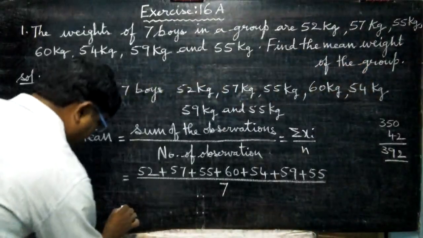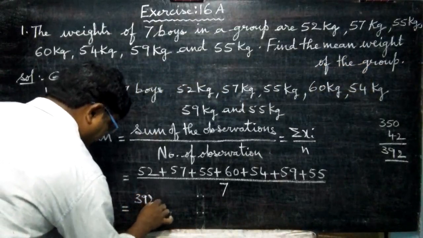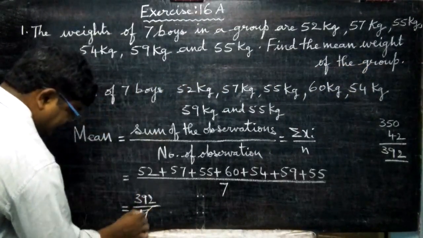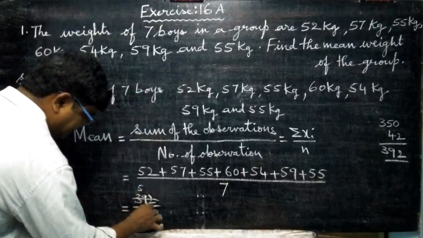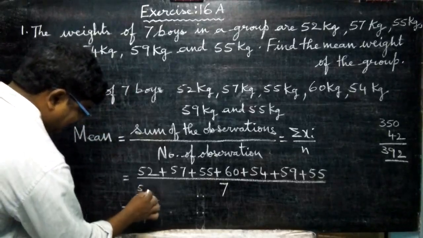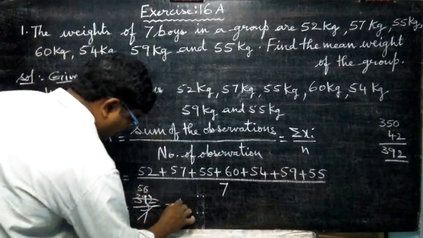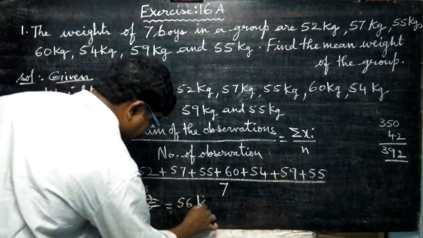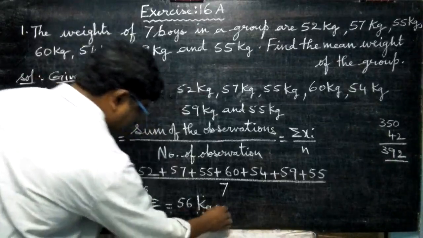So that is equal to 392 divided by 7. 7 cancel. 7 5s are 35, 4 remaining. 7 6s are 42. So what is the mean we got, miss? 56 kgs. How much? 56 kgs.